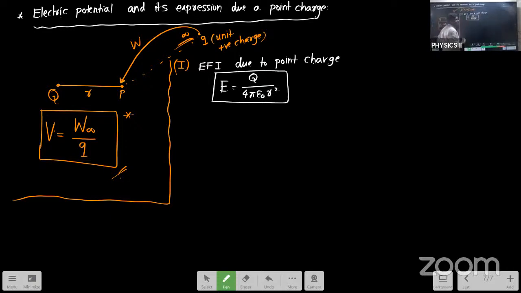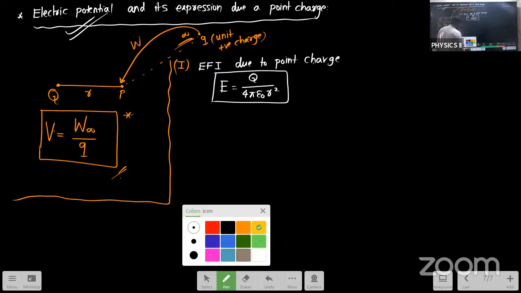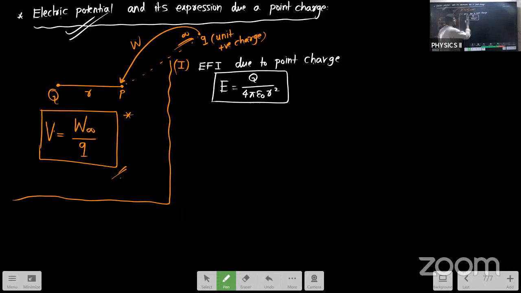Everyone knows this formula. Yesterday we obtained the expression for electric field intensity due to point charge. E is equal to Q divided by 4 pi epsilon naught R square. But here we are supposed to determine electric potential. And we know that there is a relation between electric potential and electric field.